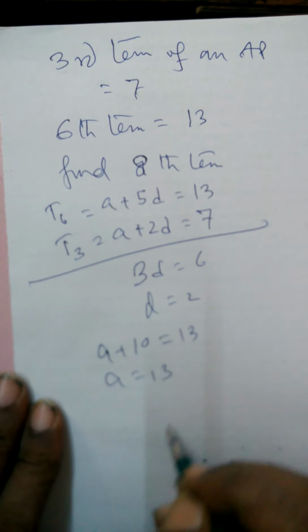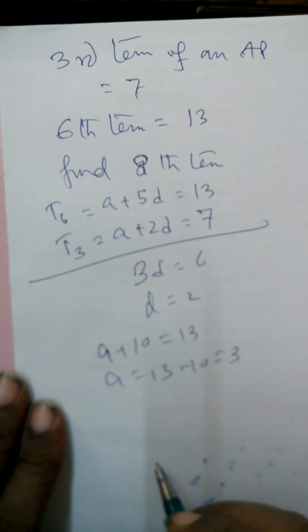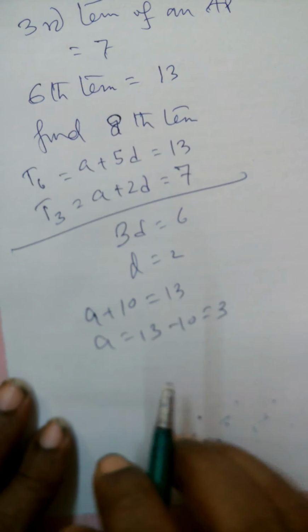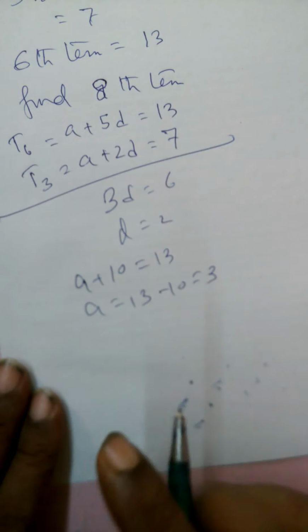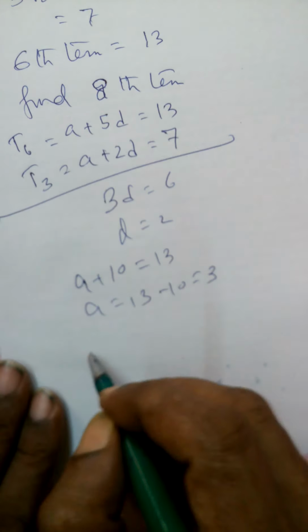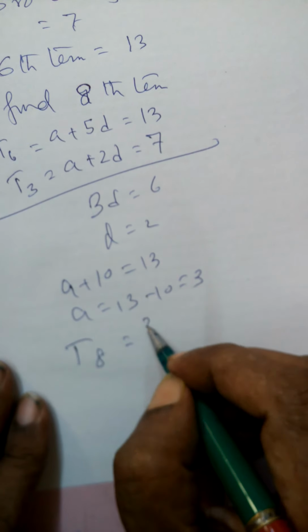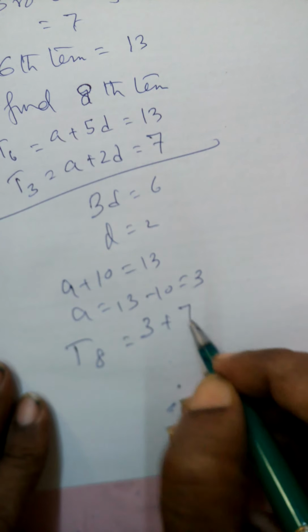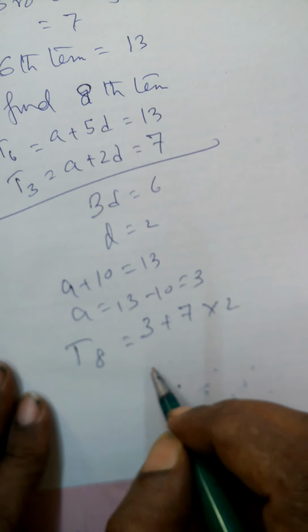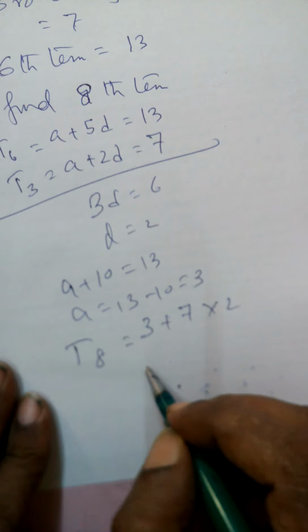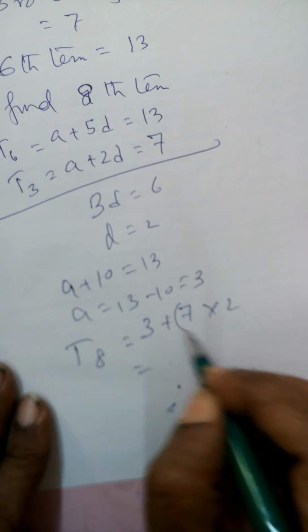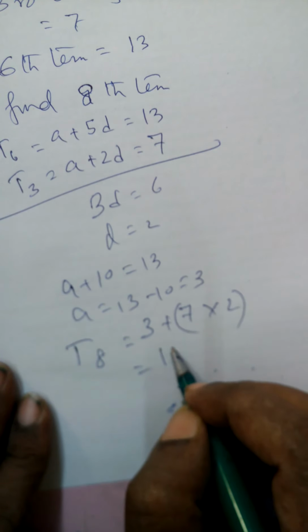So a is equal to 13 minus 10, 3. It's a purely normal simultaneous equation, finding a and d, then getting the 8th value. So the 8th value will be a, that is 3, plus 7 into 2. So your answer comes to 14 plus 3, that is 17.